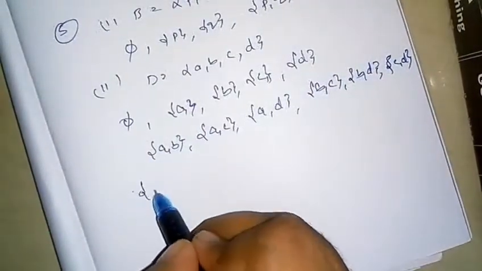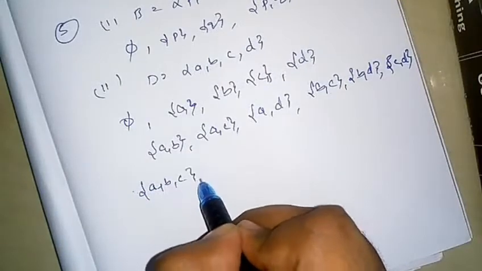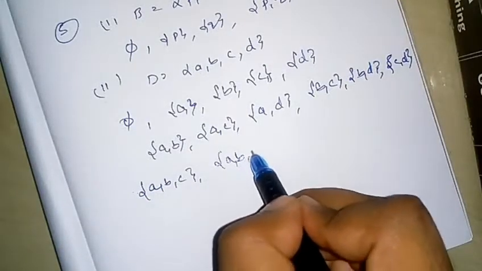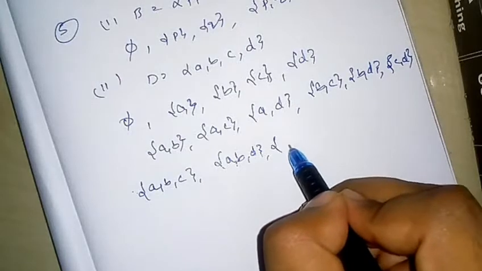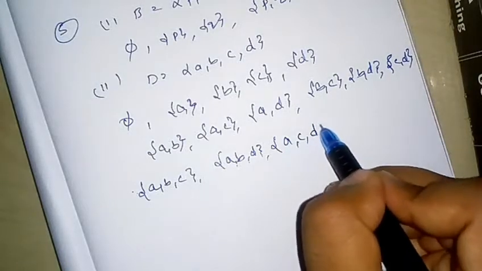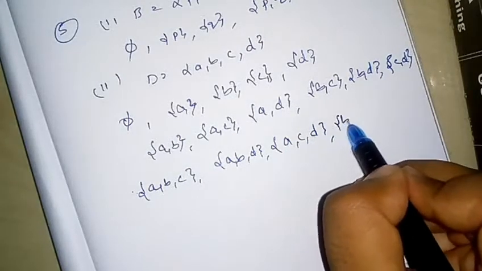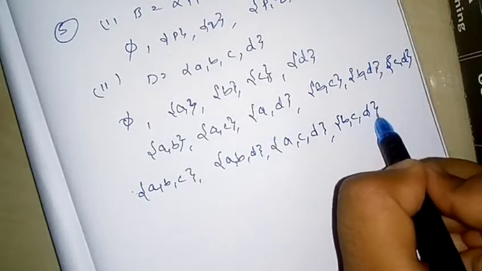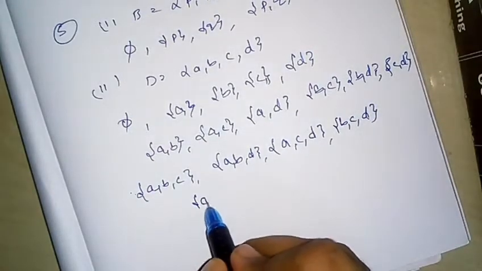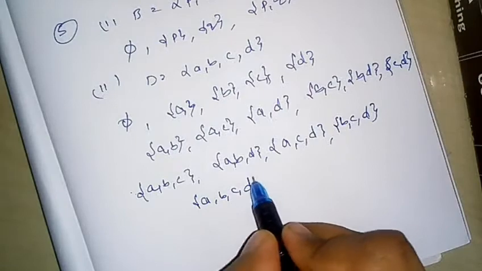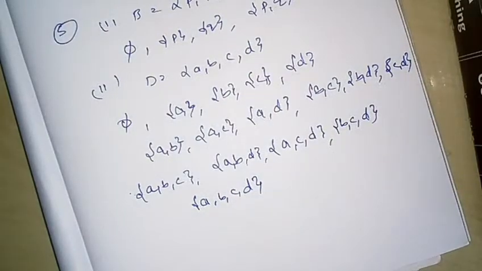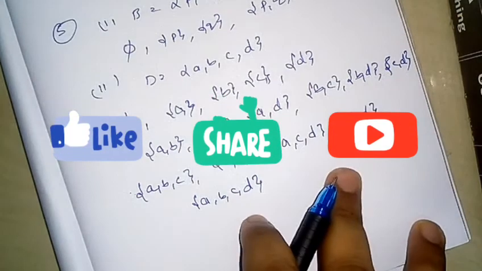Next three elements: {A, B, C}, {A, B, D}, {A, C, D}, and {B, C, D}. Next is {A, B, C, D}. So the total number of subsets will be equal to 16. And that's it.